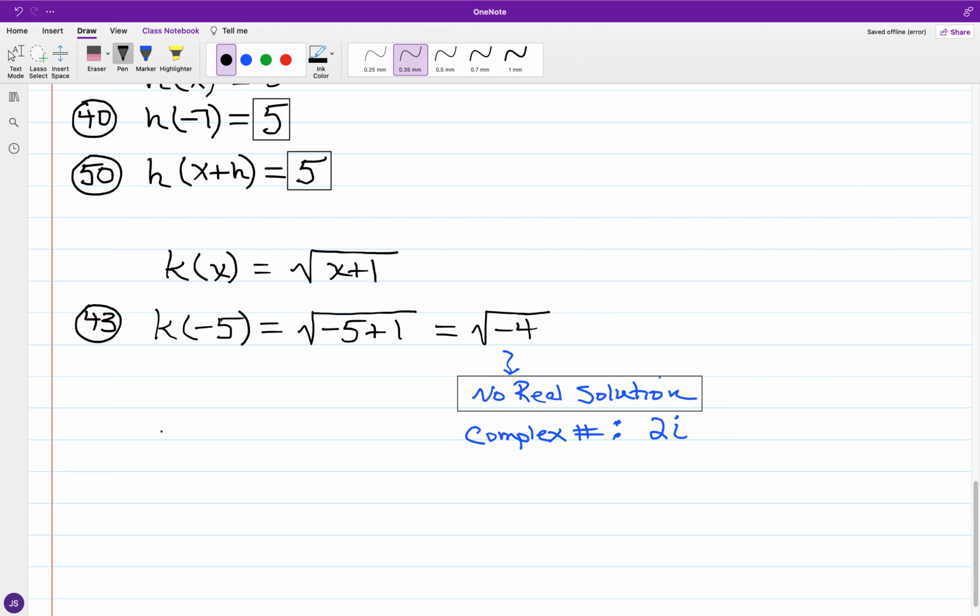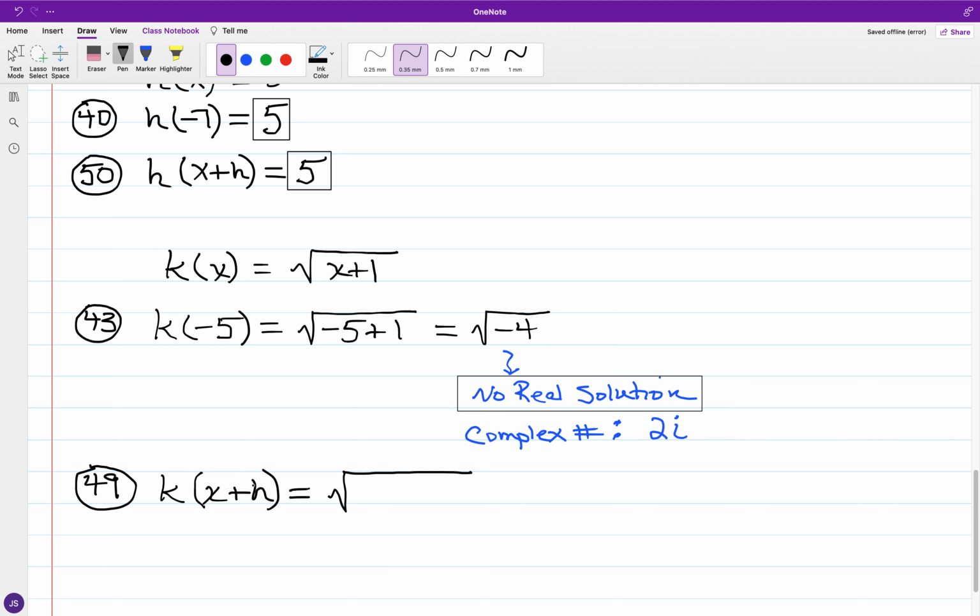Now, in the case of number 49, this time we have the variable expression, so we're going from x to x plus h. If k of the input is equal to the square root of the input plus 1, well, guess what?